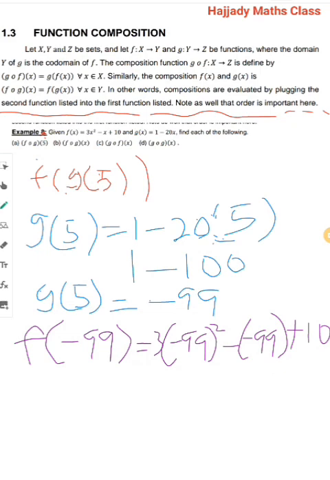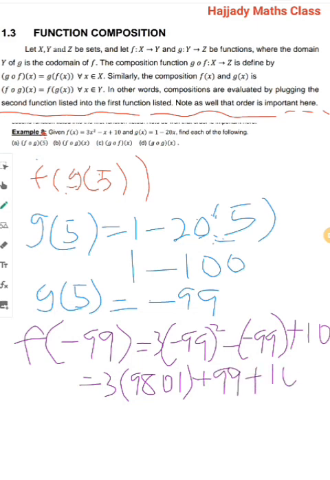Minus 99 squared is 9,801, because when negative is squared we have positive, and minus times minus gives plus, so we have plus 99.